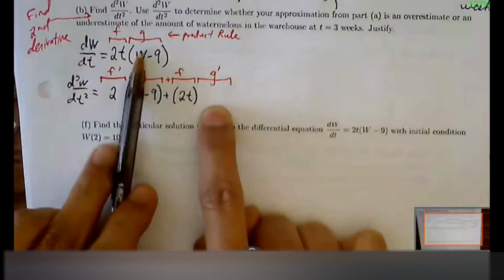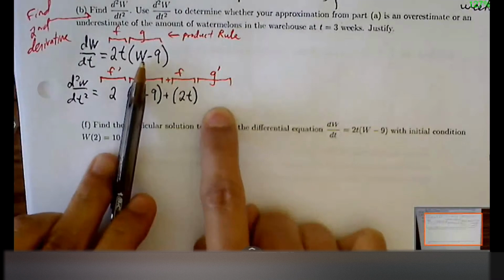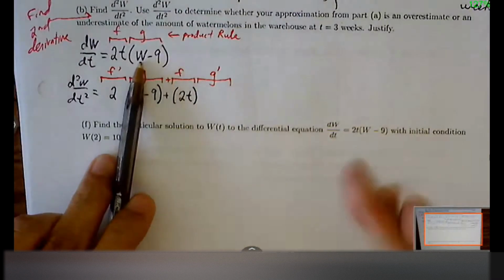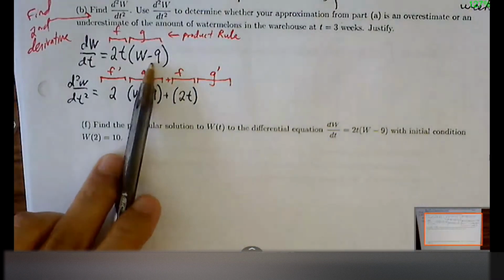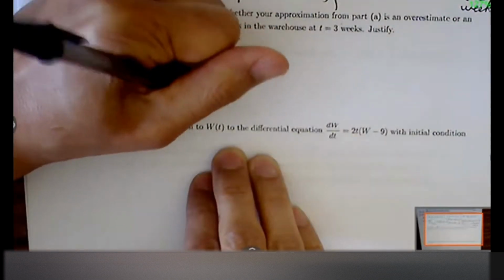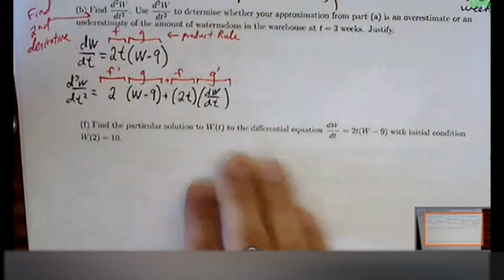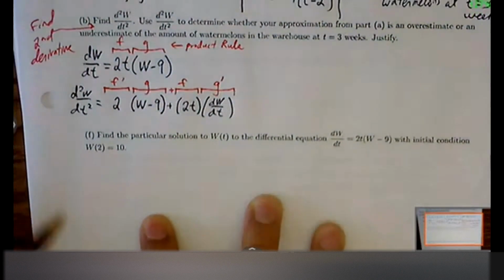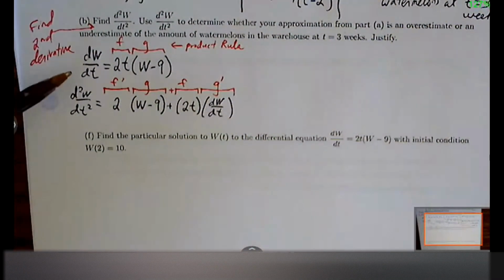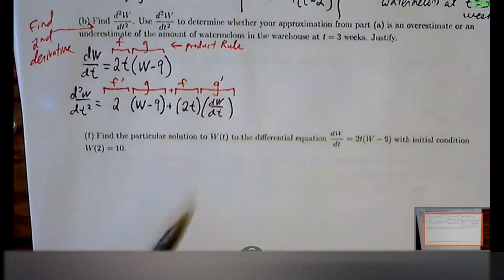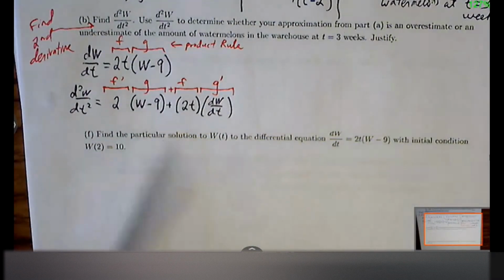And then g prime, w minus 9 becomes, well, w becomes dw dt, and 9 goes to 0. Right? Okay, so let's take a moment and make sure everything makes sense. Any questions here?